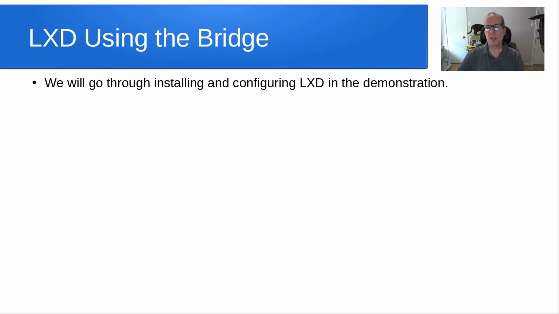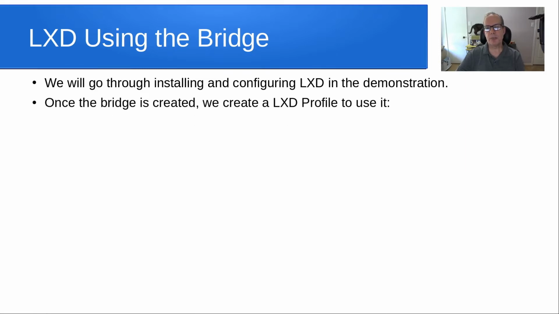So we will go through installing and configuring LXD as I mentioned earlier. And once the bridge is created, we can create an LXD profile to use the bridge. Basically, this looks like this. The command to run LXD operations is lxc, believe it or not, and that's a historical fact. Anyway, lxc profile create mainlan is what we're actually going to call it.